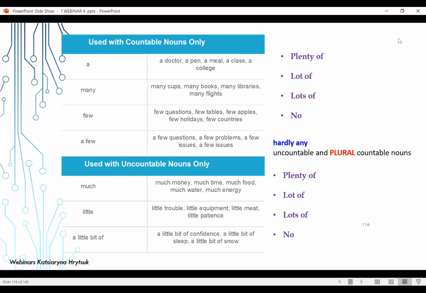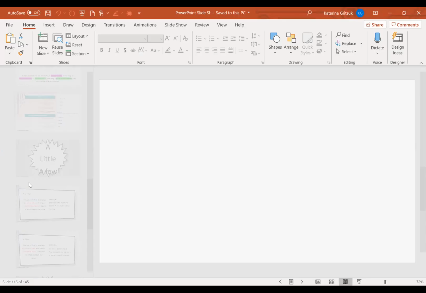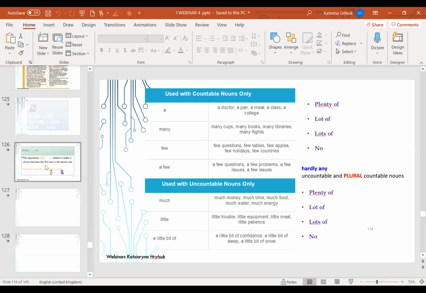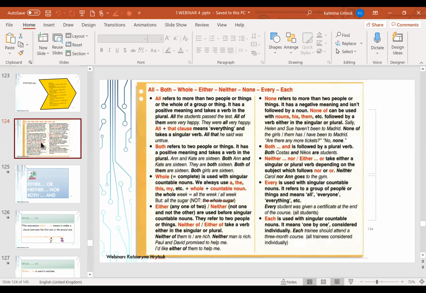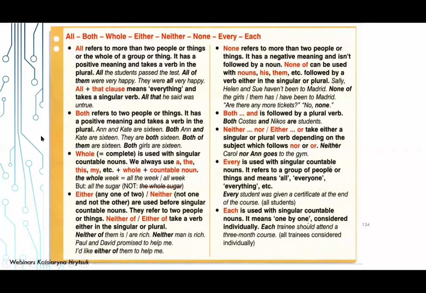And another very nice word you can use, hardly any, with uncountable and plural countable nouns. Later, you will see in the examples when you do the homework about them, okay? But let's move to the next examples and rules which I would like to pay attention to.